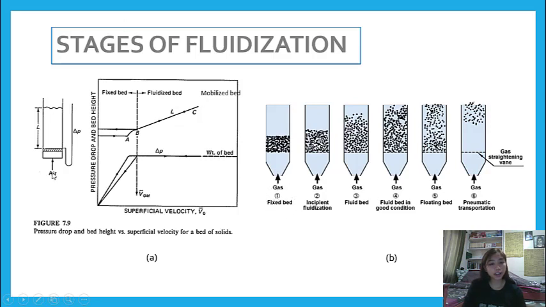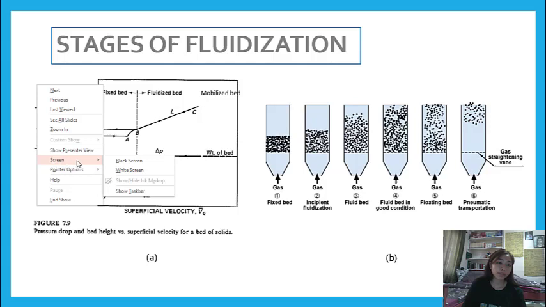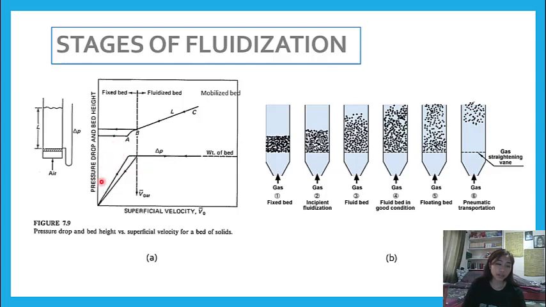So as we can see here in figure A, it is a diagram that shows the relationship between the pressure drop and bed height to the superficial velocity. We have this curve that represents the bed height, and this curve represents the pressure drop. And we also have here the different stages: the fixed bed, fluidized bed, and mobilized bed.